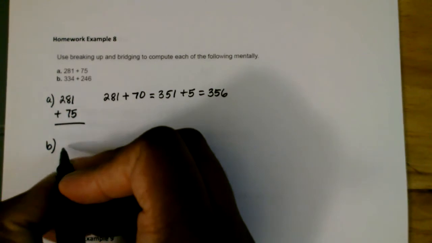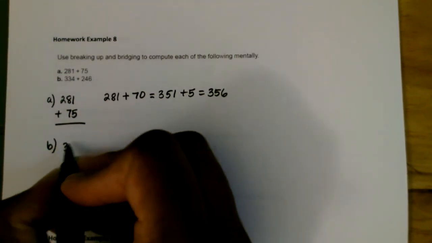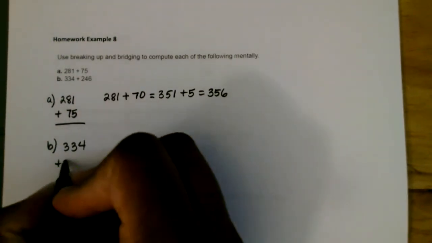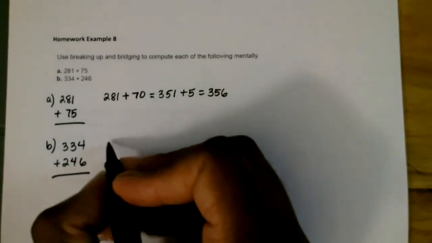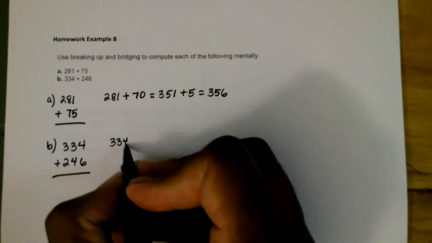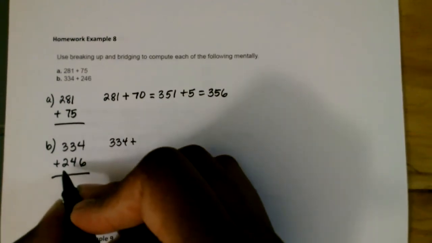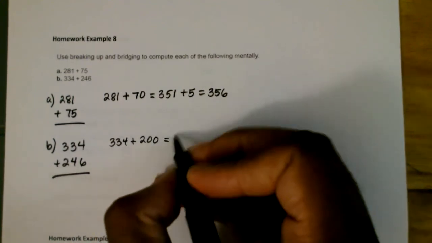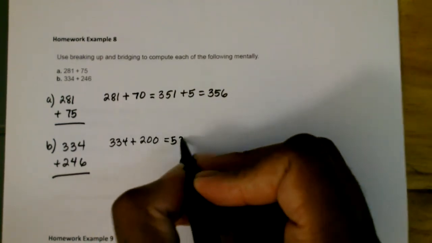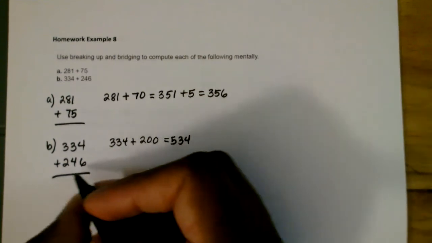And in part B, we got 334 plus 246 using the breaking up and bridging method. Well, let's take that 334. The first number is a 2 in the hundreds place, so we'll add 200. That would give us 534.